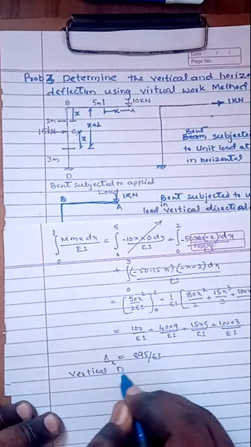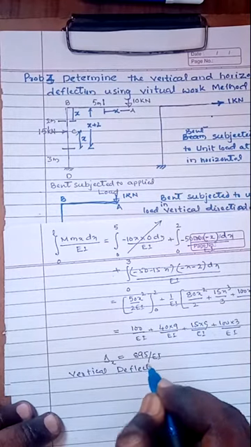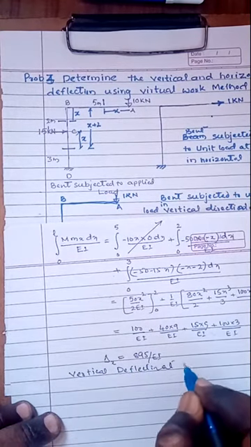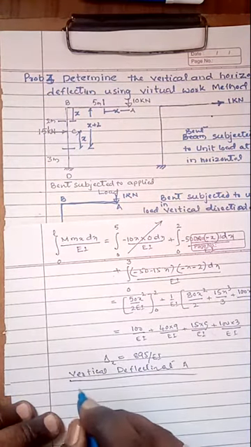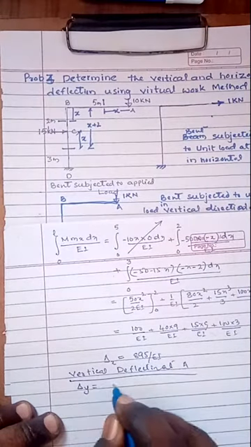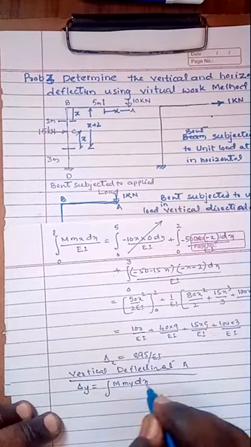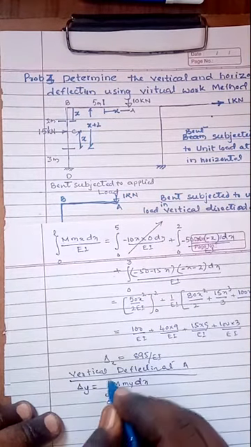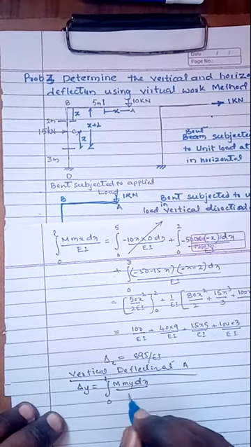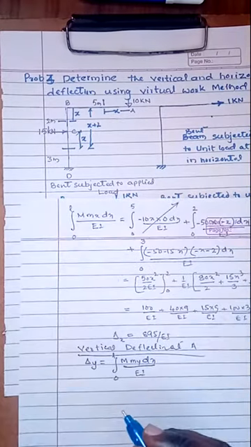Now we want to calculate the vertical deflection. The vertical deflection at A is given by delta y equals the integration of m into my dx divided by EI, with limits 0 to L. Now we can integrate this.